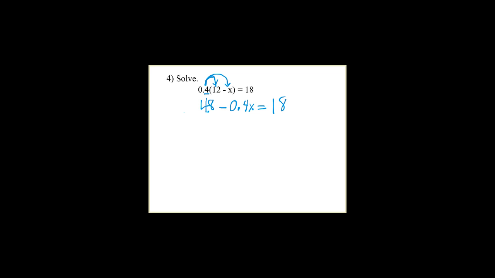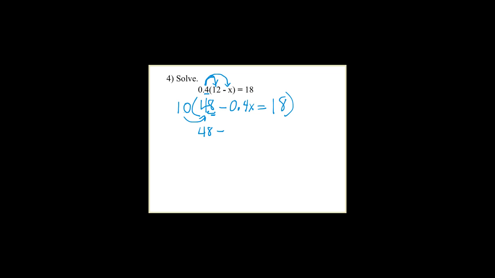Now, if I want to clear a decimal, I'm going to multiply by a power of 10 because powers of 10 move decimals. Since I have 1 decimal place, I'm going to multiply by 1 power of 10. If I had 2 decimal places, I'd multiply by 100, 2 zeros. So when I do this, what this becomes is 48 minus, I'm going to move this over once.